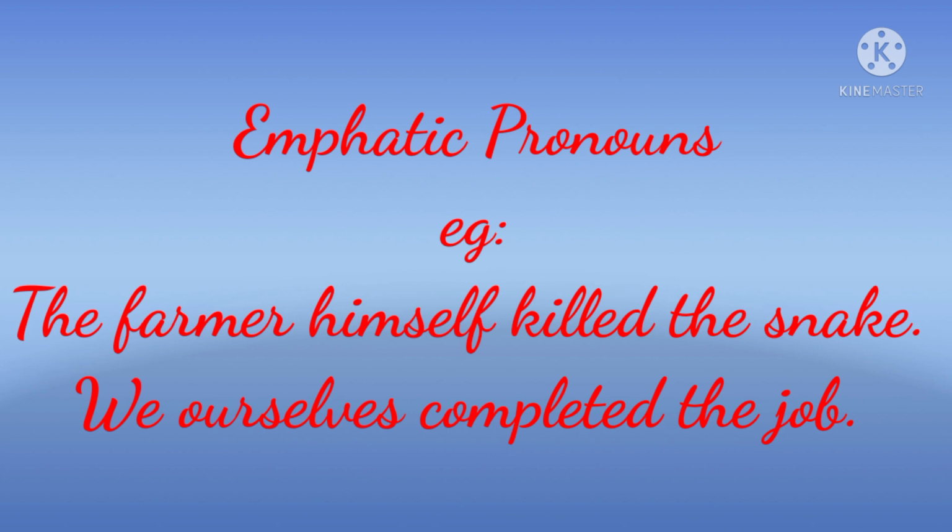The farmer killed the snake is enough. But in order to emphasize that the farmer has killed, we use himself here. So this is called an emphatic pronoun. We ourselves completed the job. In order to make sure or emphasize or confirm, we use ourselves here. So this is an emphatic pronoun.